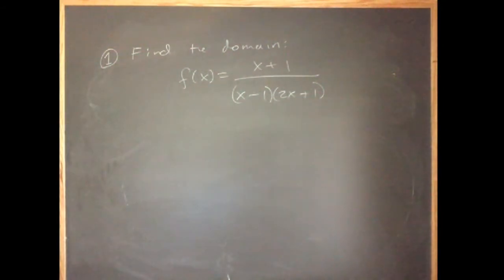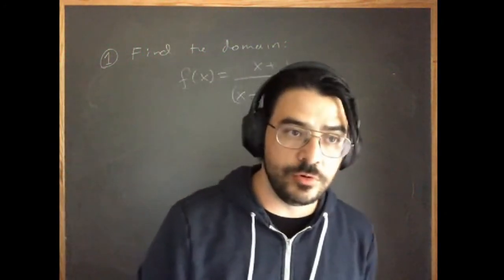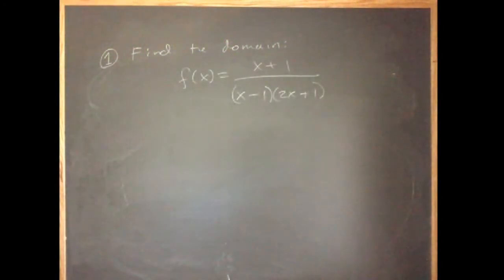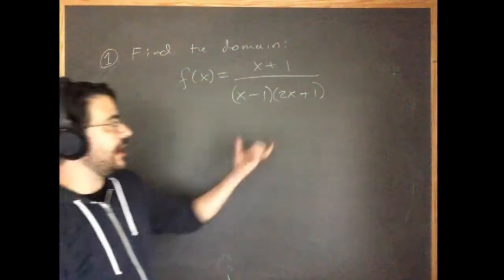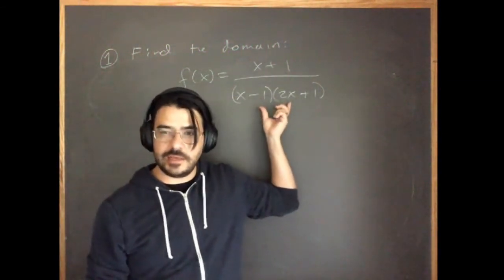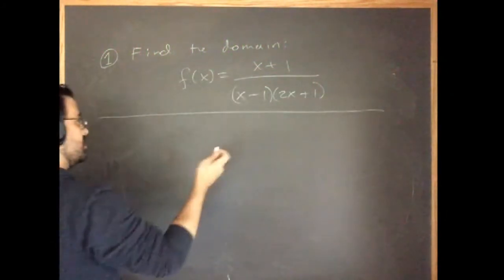Okay, and here you'll notice there's no radicals or square roots. So we don't really have to be worried about taking the square root or the even root of a negative number. All we have to do is be worried about what happens if the denominator is 0. Okay, what happens if we're going to divide by 0? Okay, and the how-to says we need to exclude those values.